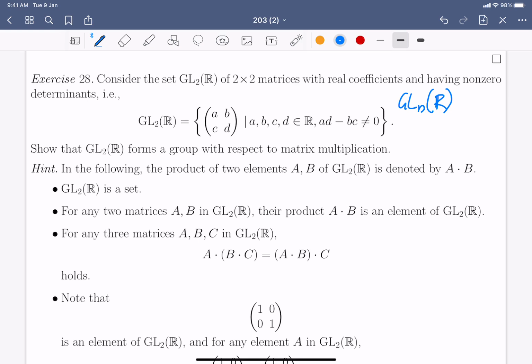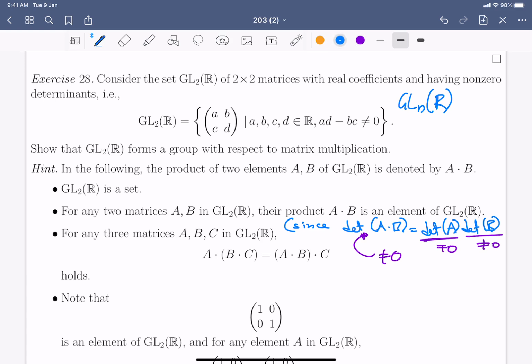So, I mean, you only need to use the fact that this is an element of GL2R since determinant of A dot B is determinant of A times determinant of B. We know that this is non-zero, we also know that this is non-zero, so that implies that this determinant of A dot B is also non-zero, right?